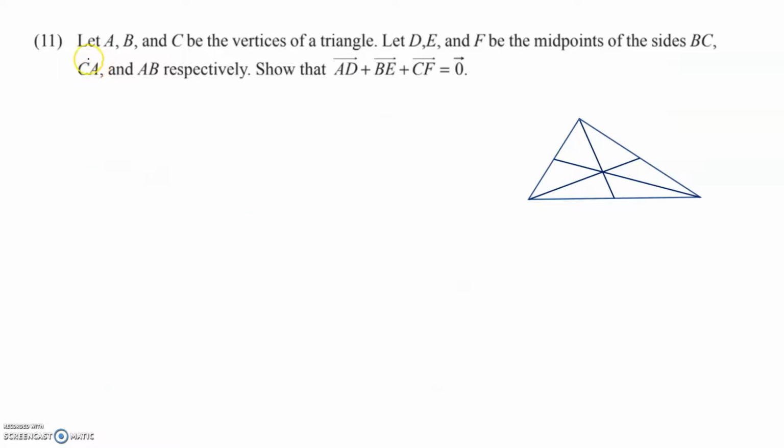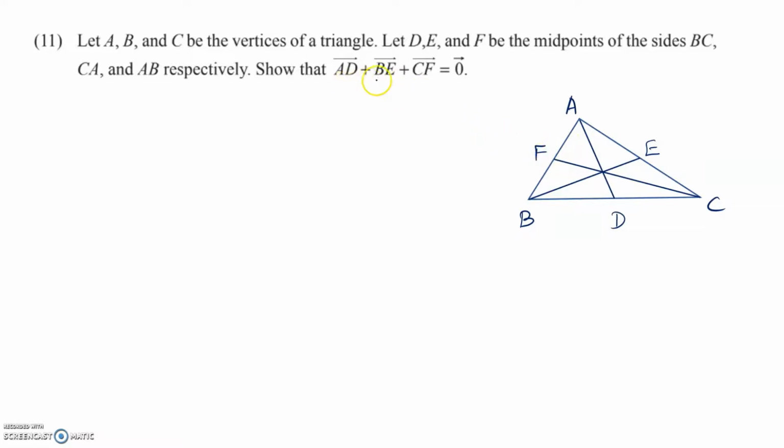Okay, now next problem. Let A, B, C be the vertices of a triangle. So let's mark A, B, C to be the vertices of a triangle. D, E, F are the midpoints of the sides BC, CA and AB. So we start from BC, D, E and F are the midpoints.